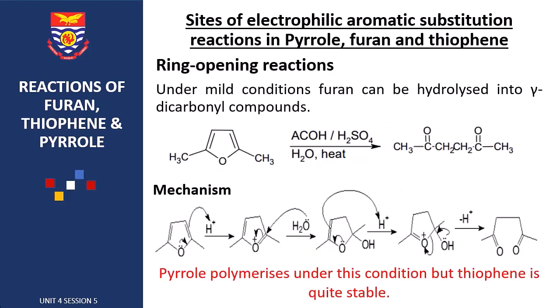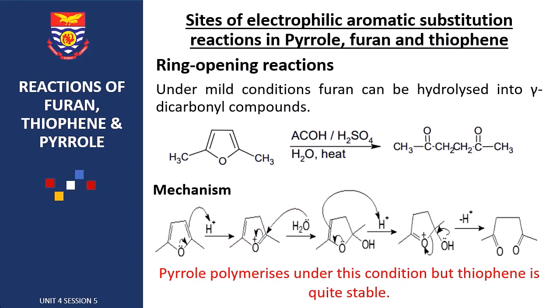Next is to consider the ring opening reactions of these heterocyclics. So under mild conditions, furan can be hydrolyzed into gamma-dicarbonyl compounds, with its reaction mechanism shown as well in acidic media. Now, pyrrole also polymerizes under the same condition, but thiophene is quite stable.